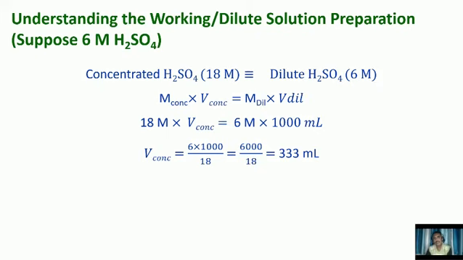Because if you try to prepare the required concentration directly from such a highly concentrated solution, it will lead to a very small volume and it may involve error. We don't have to introduce error in our experiment or in our analysis.